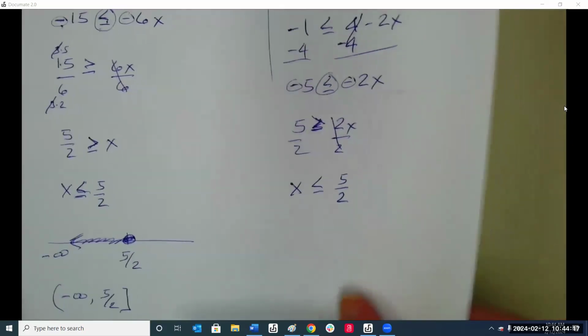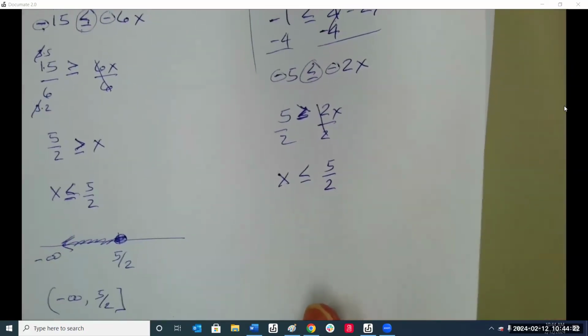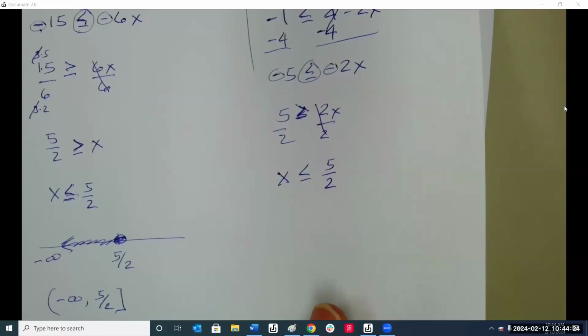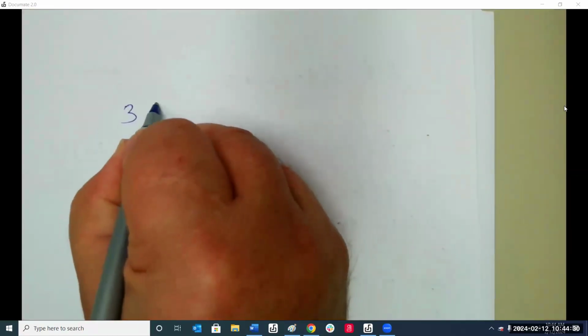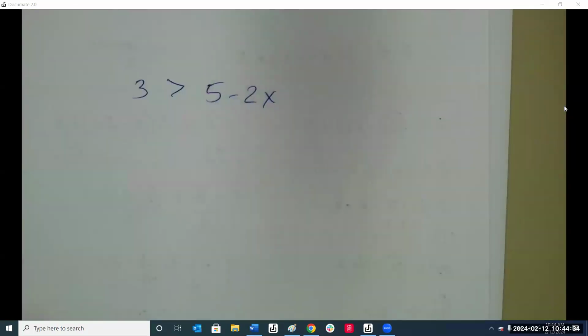But there's also another thing we could have done that could have saved us from having to remember any rules. So what if we had this? What if we had that?